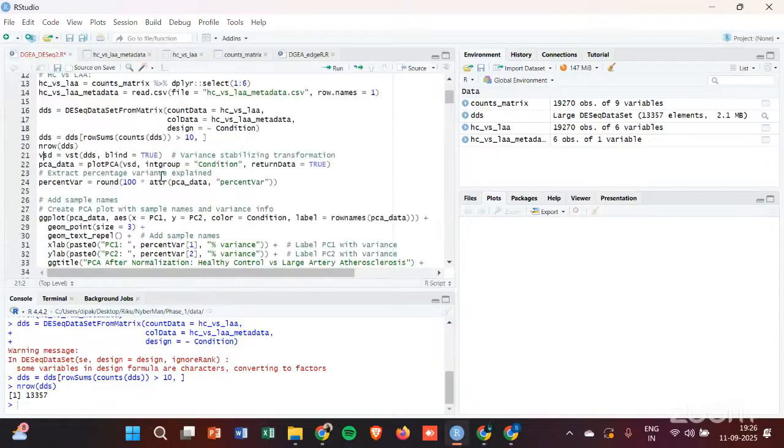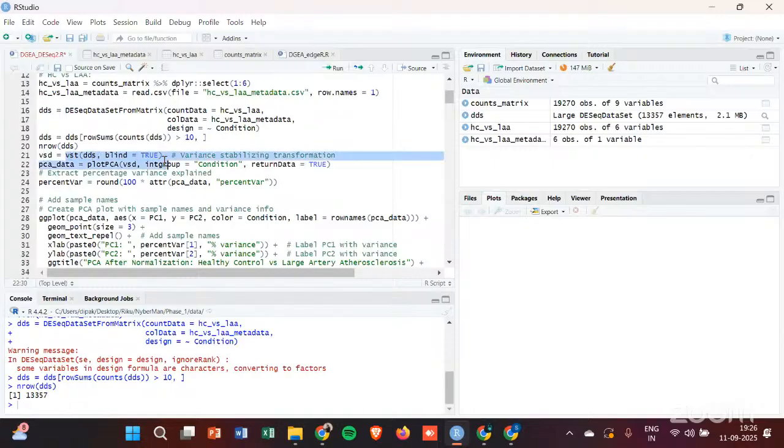Now, if I had some genes which were extremely highly variant and some genes which were extremely lowly variant, only the highly variant genes would be driving my PCA and contributing the most towards my clustering. I don't want that. I want a method to stabilize the variance across mean expressions, so that the variance does not vary too much across high and low mean expressions. That is why I use something called the variance stabilizing transform.